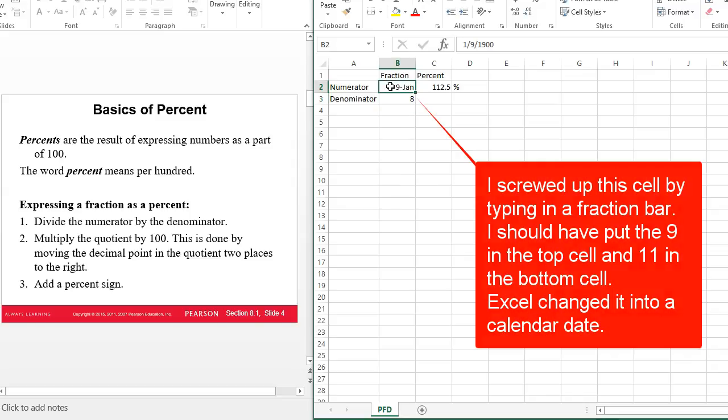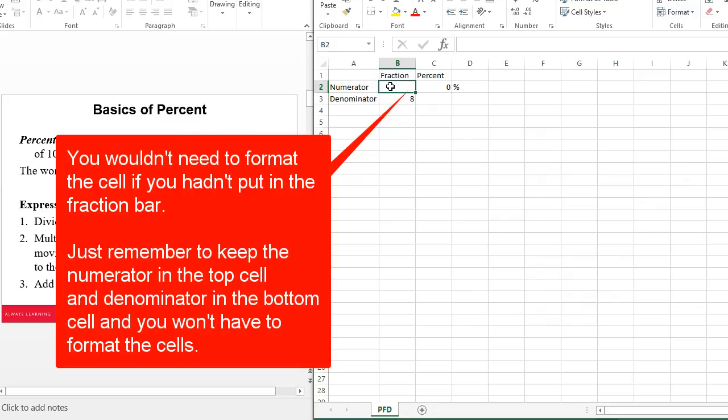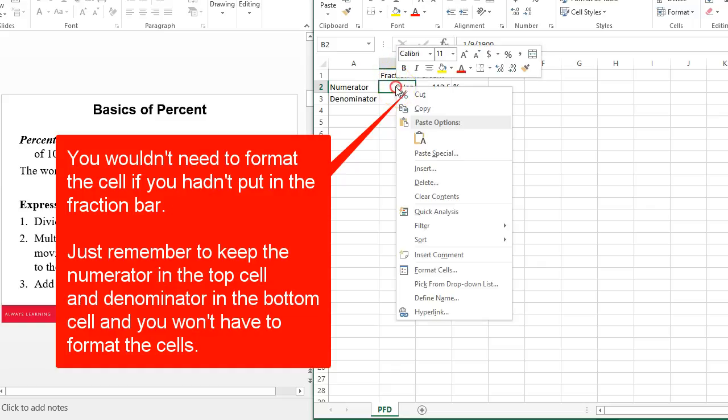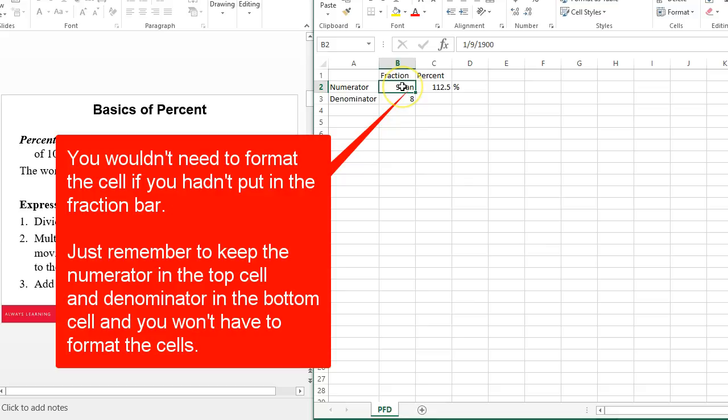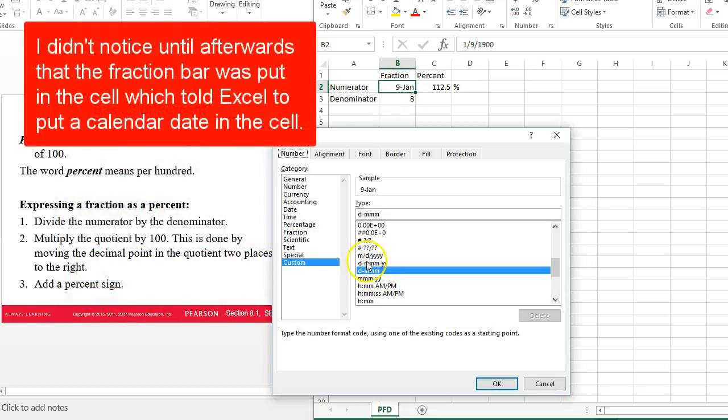Now, I accidentally hit 9, enter. I need to right click that and tell it that it is a number. I did format cells. I don't know why it automatically went to custom.